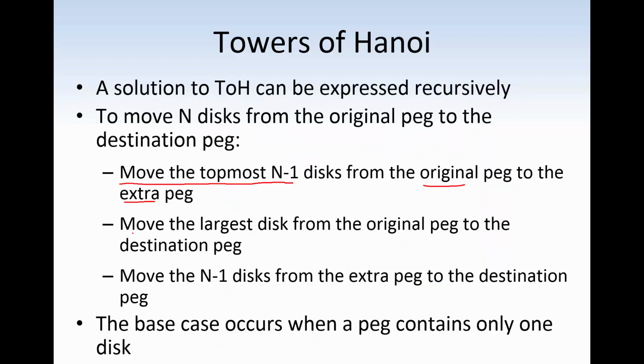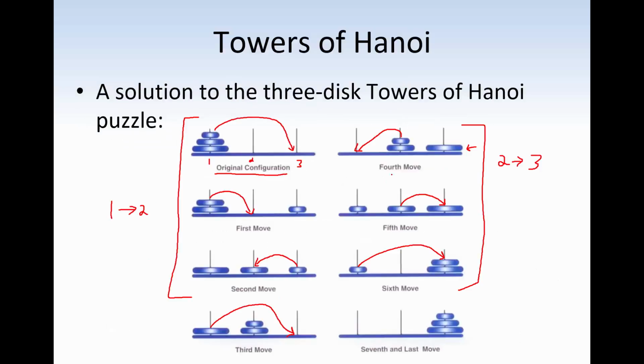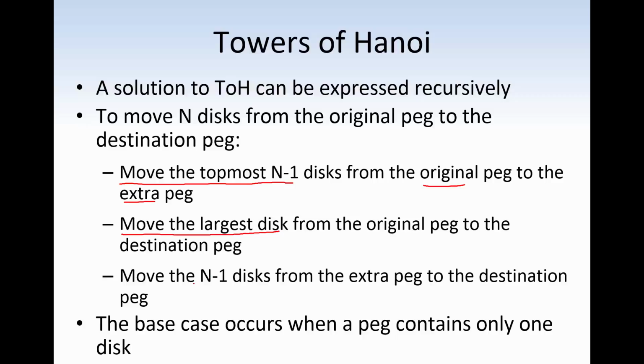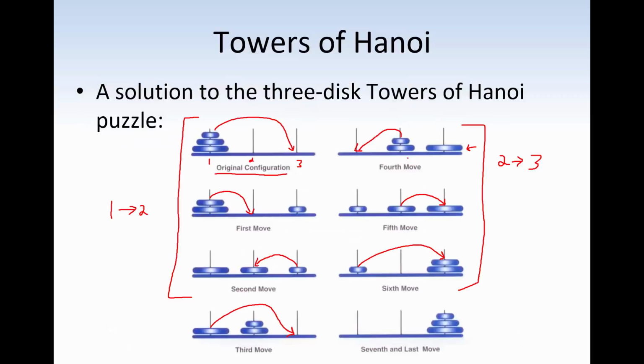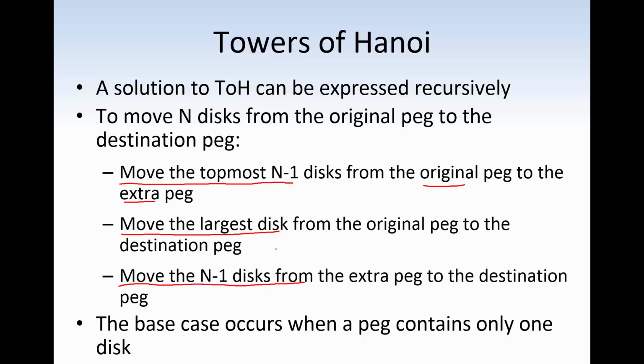Then we move the largest disc from the original to the destination. That's the diagonal here, where I'm moving this one to that one. And then once I've moved that one, I move the n minus 1 discs from the extra peg back to the destination, which is what we were doing over here on the right. So those 3 steps, as long as we do those 3 steps, that's our general algorithm for solving this puzzle.